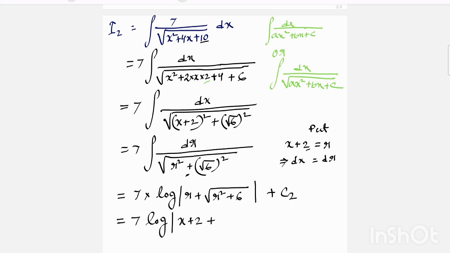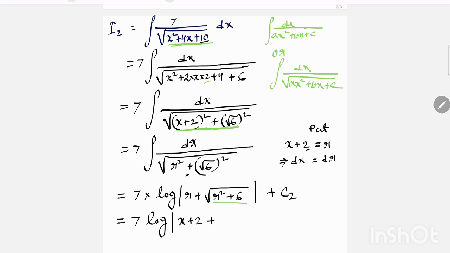Now you can see where this r square plus 6 comes from: from here we have transformed it. This expression is not changing, just its way of representing is changing. So x plus 2 whole square plus root 6 whole square is actually x square plus 4x plus 10. I just transformed it so that I can get a standard form and use the direct formula. That's why I have done it.